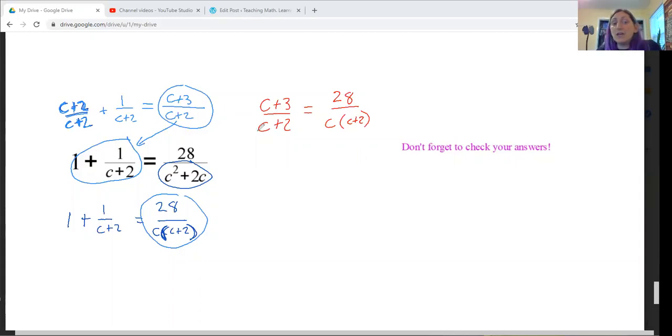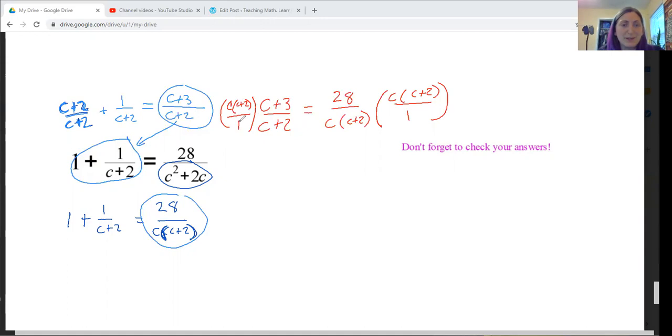What if instead we make this have the same denominator? If I multiplied both sides of this by c times c plus 2 over 1 on both sides, oh my gosh, I'm sorry, my c's, I really need to make them look more like c's.